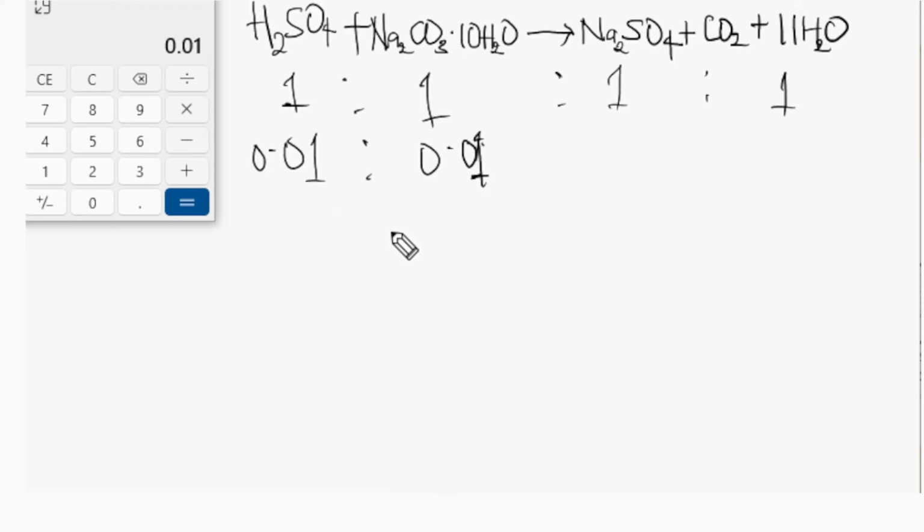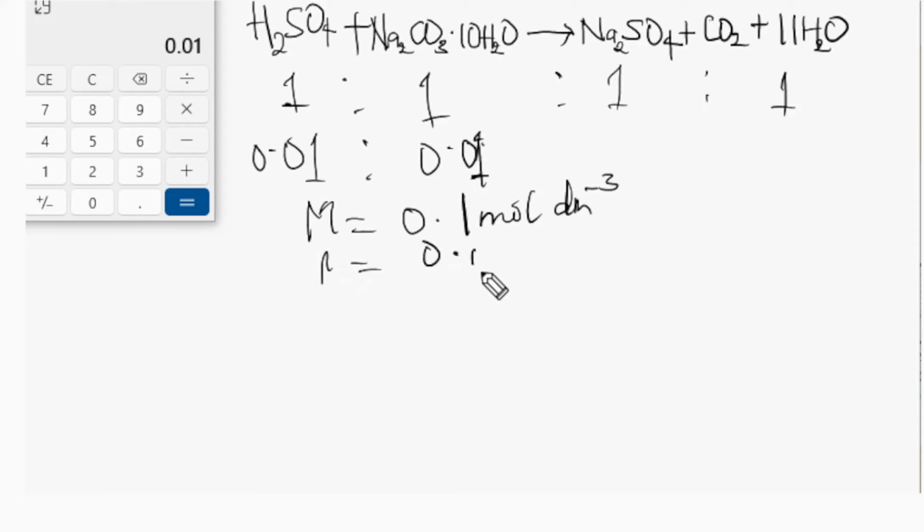We already have the molar concentration of tetroxosulfate 6 acid to be 0.1 mole per dm cube, and then the number of moles is 0.01 mole.